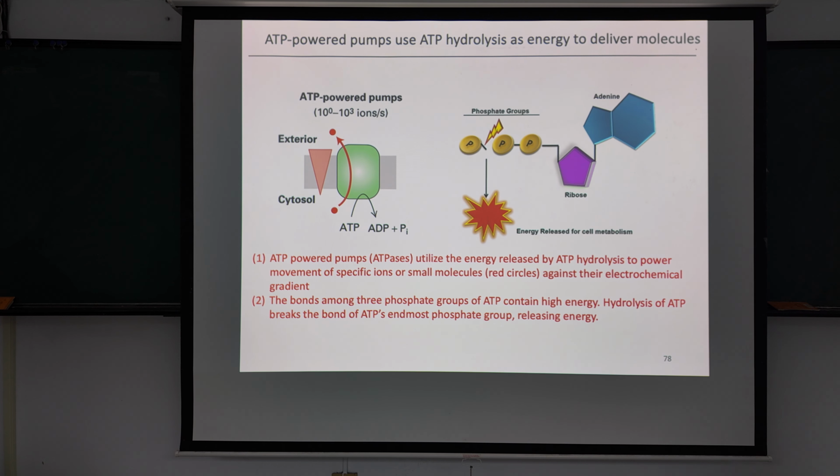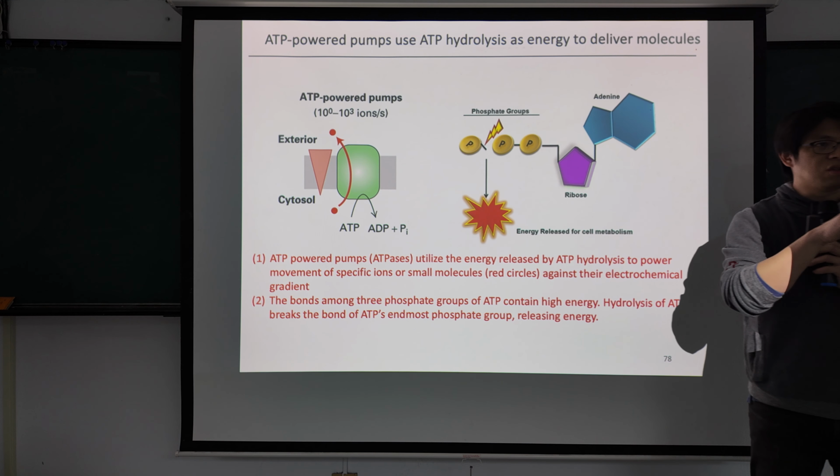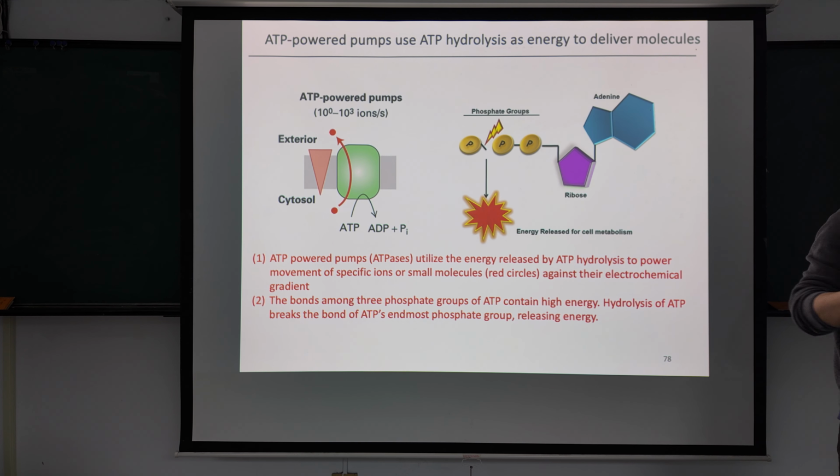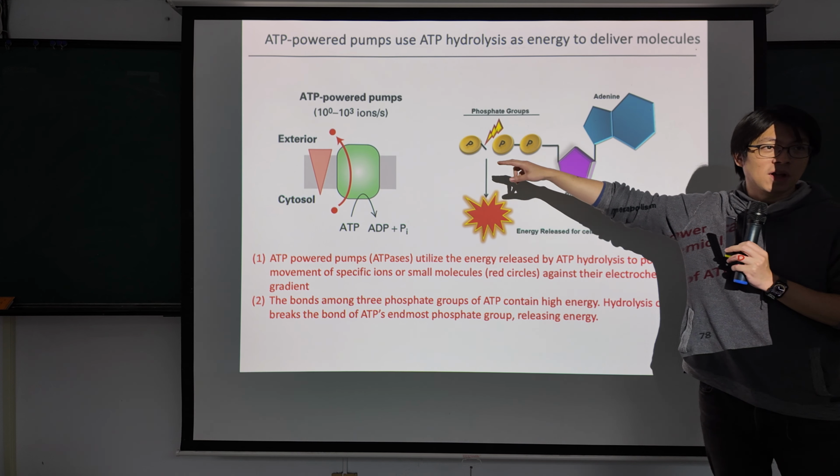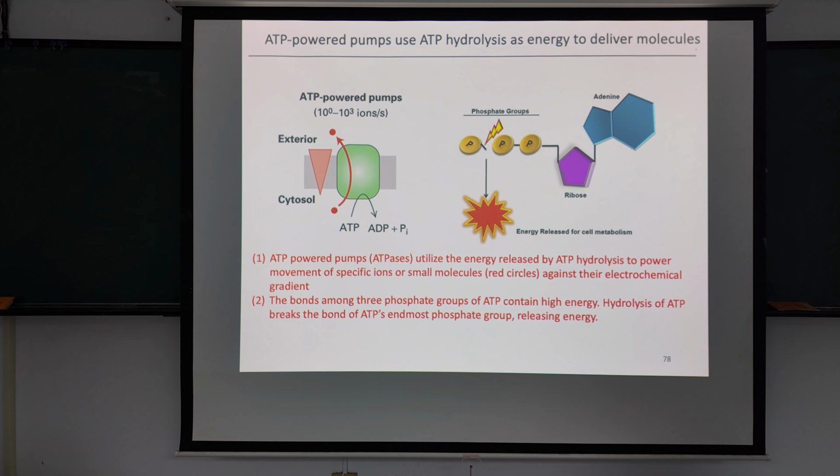Okay, now we talk about the ATP-powered pump. Basically, it needs ATP hydrolysis to generate the energy to deliver molecules against their electrochemical gradient. This is the chemical structure of ATP. The T means three phosphate groups. A phosphate group is chemically PO4 with a negative charge, so it is a highly negative molecule.